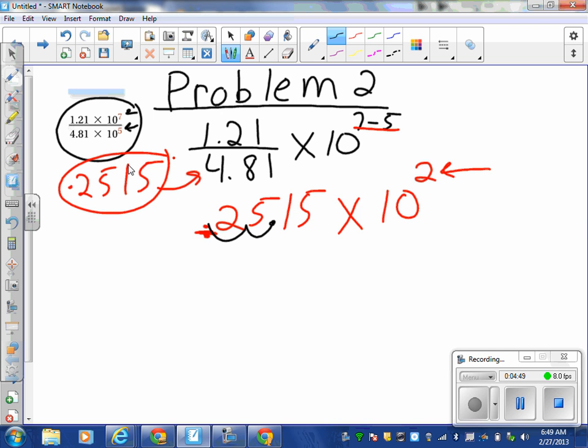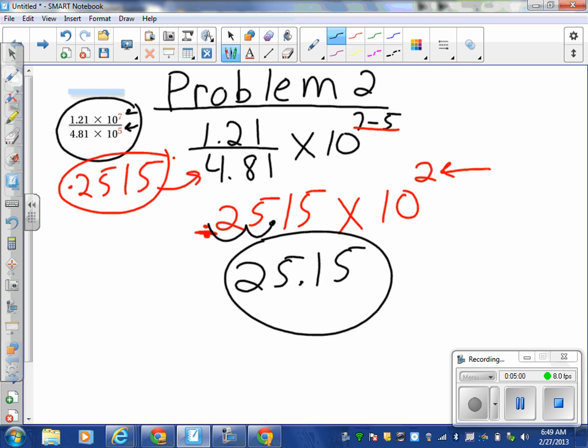So our final answer would be 25.15. So we're doing a problem that has a fraction with exponents: divide the number, subtract the exponents, and this 2 tells me to move my decimal point 2 places to the right.